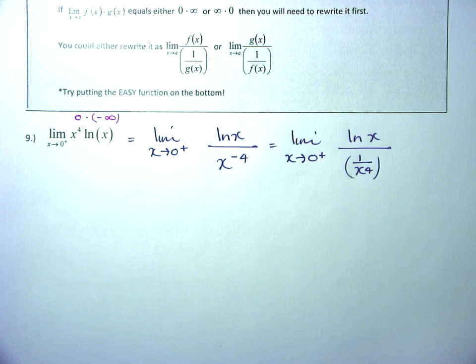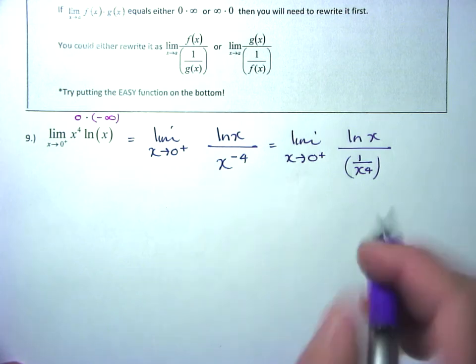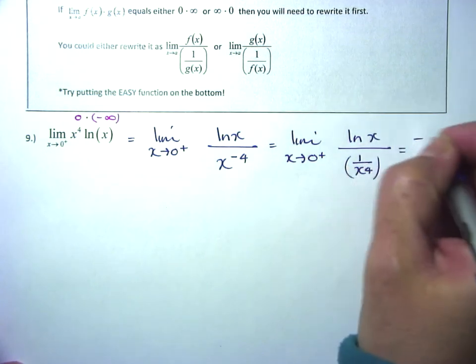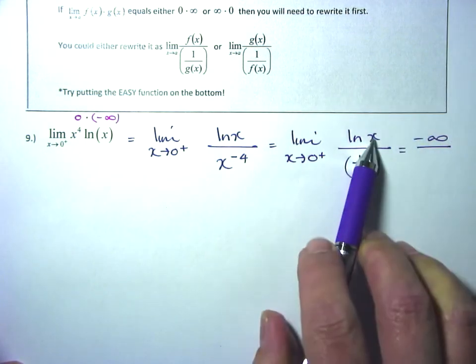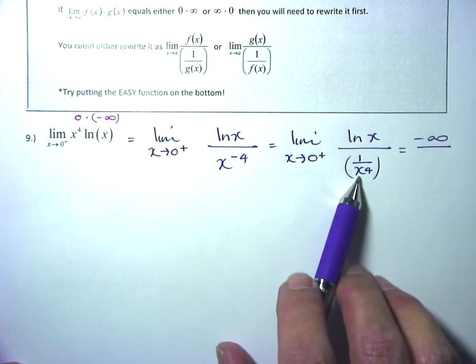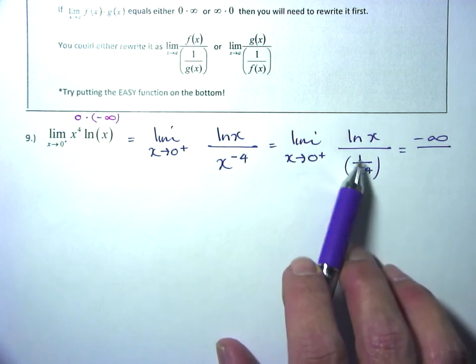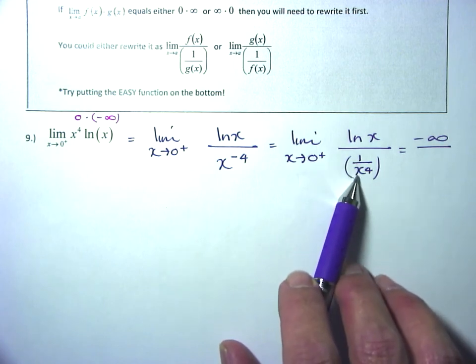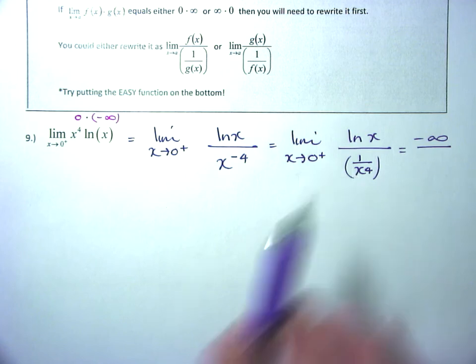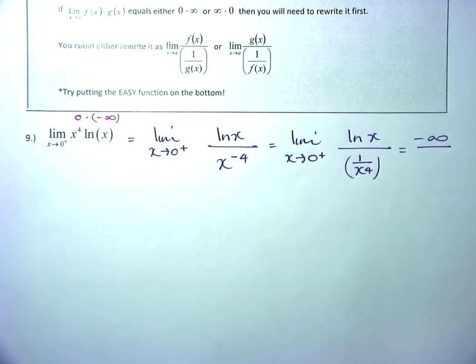All right, so if I now plug in this limit, the natural log is still going to be approaching negative infinity. Nothing changed there. But if I plug 0 in for x over here, what is 1 over 0? 1 over a really, really, really small number will become a really big number. Is that right?